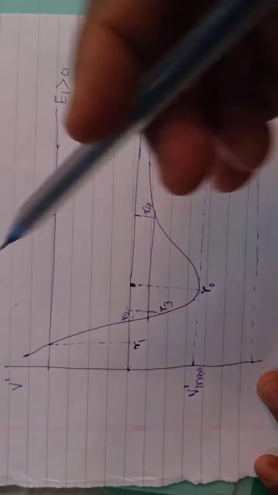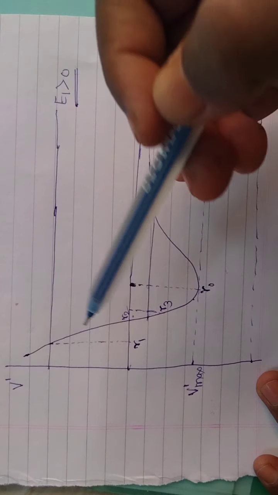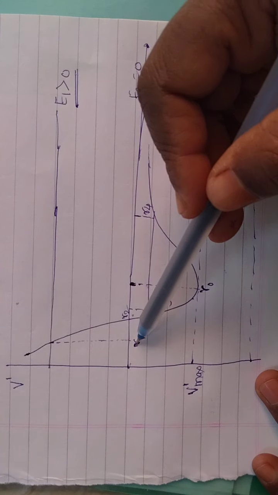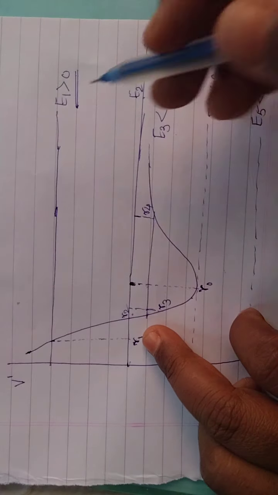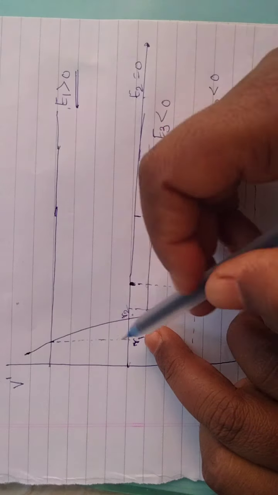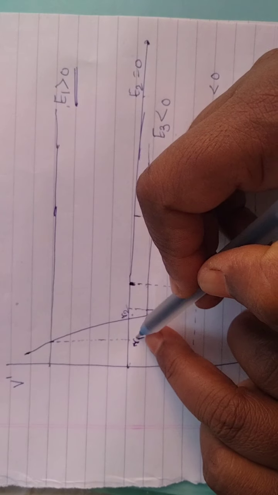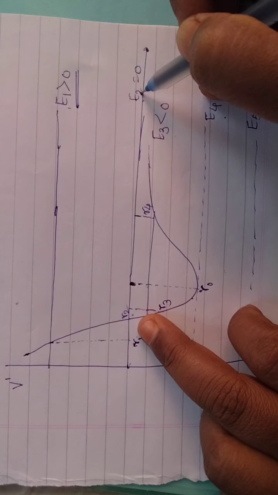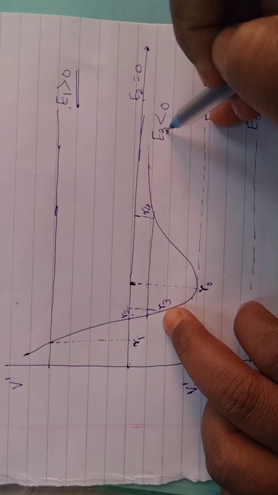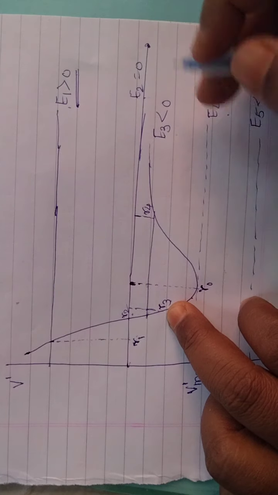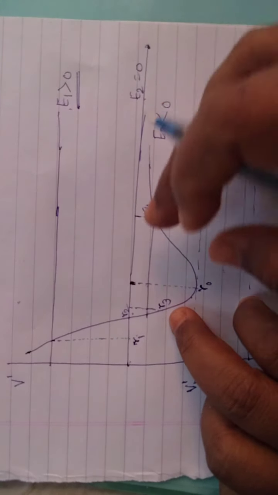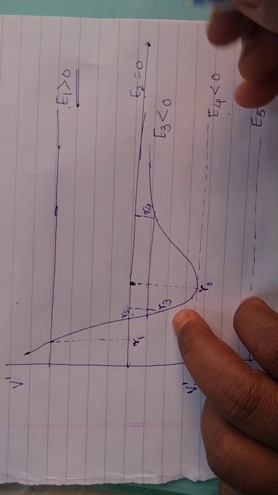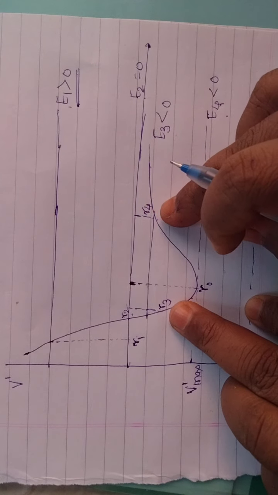When the particle is moving with energy E1, the intercept for this energy is r1. For E2, the intercept is r2. For E3, this intercept is r3, and for E4, the intercepts are r3 and r4.